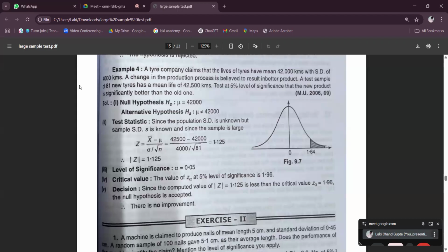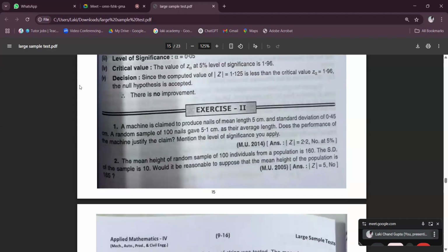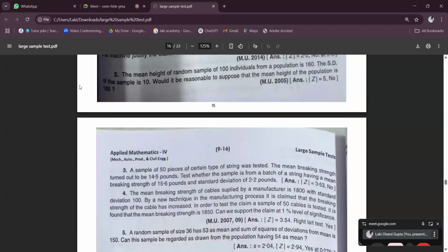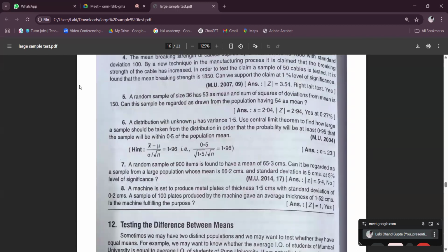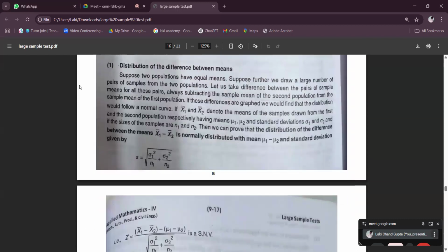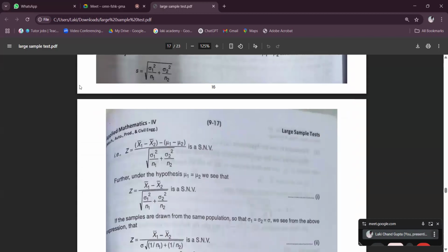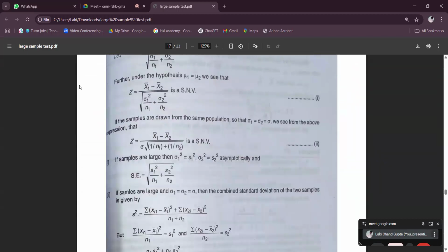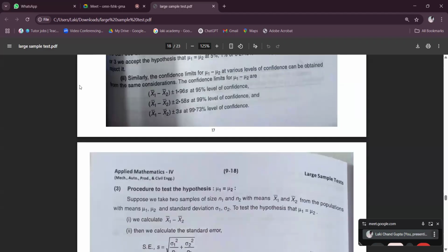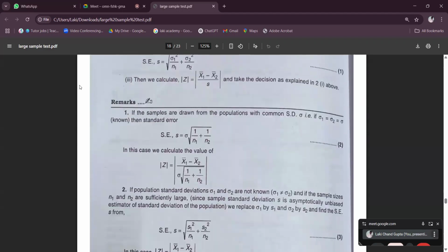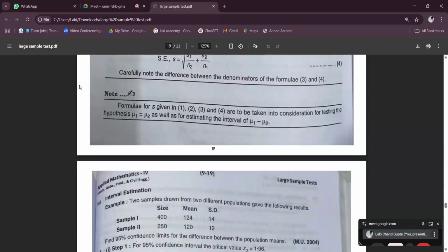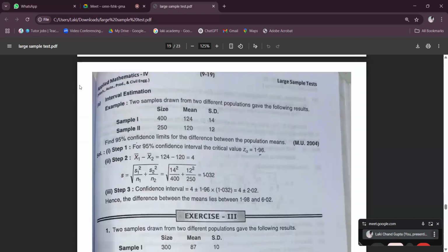So it is accepted. Okay. So there are many questions. I will send this PDF. We can solve this. One more topic is remaining in this part. We can finish this. It will take 5 minutes. No, Z test. Same for Z test.